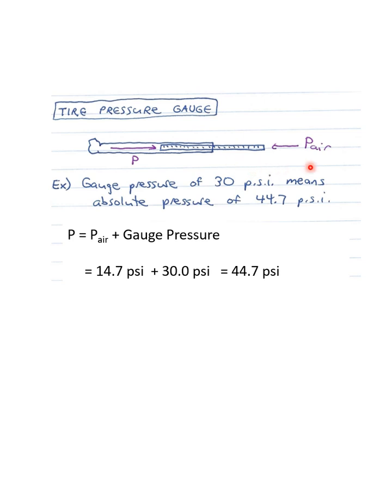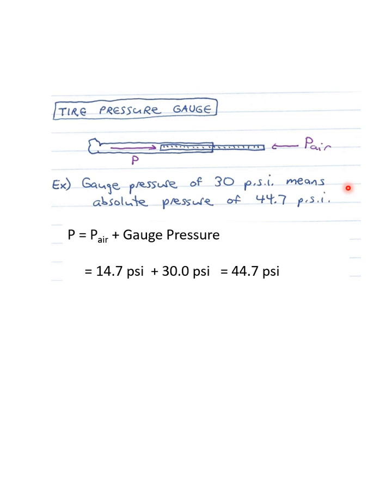A typical pressure is usually given in pounds per square inch and also kilopascals. Let's go with pounds per square inch, typically maybe 30 pounds per square inch. Now that is the gauge pressure. And that's the only number you need to be concerned about when filling up your car tire.